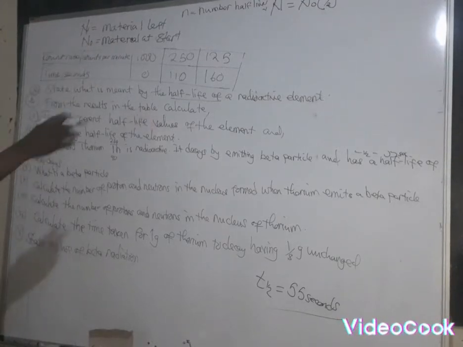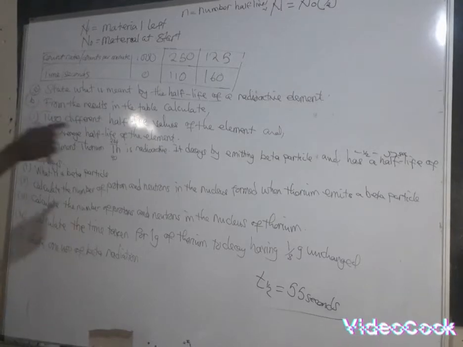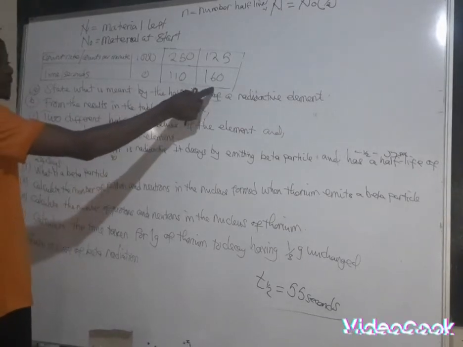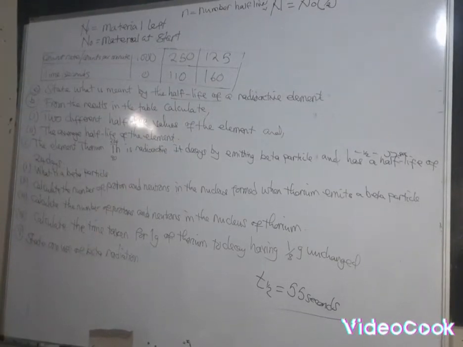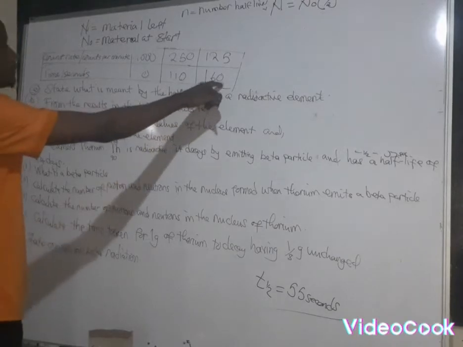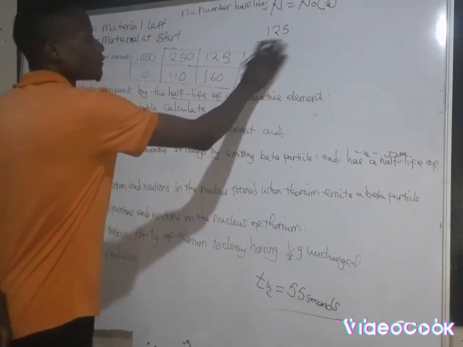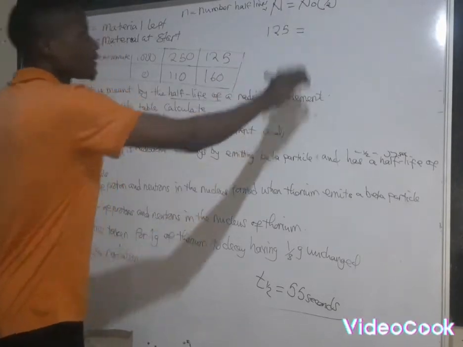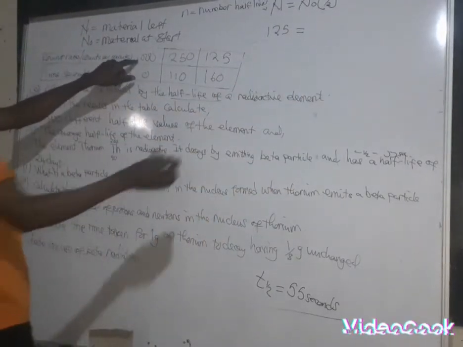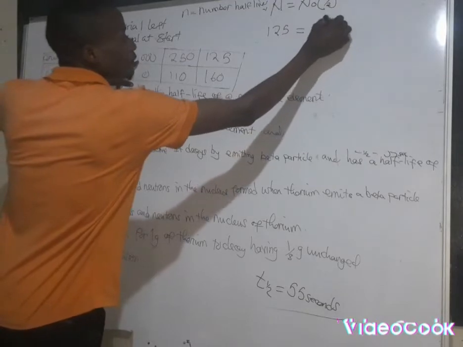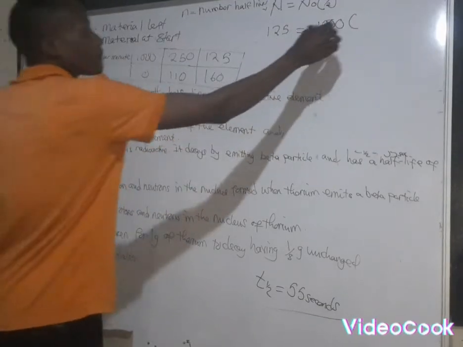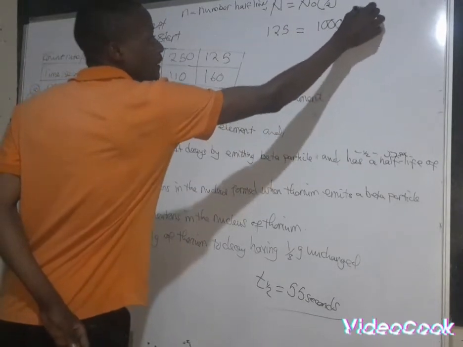Since it's the second half-life, what is the amount of material left when it is 1/62? So we have 125 is equal to, what is the amount of material at start? 1000, times 1/2 to the power n.